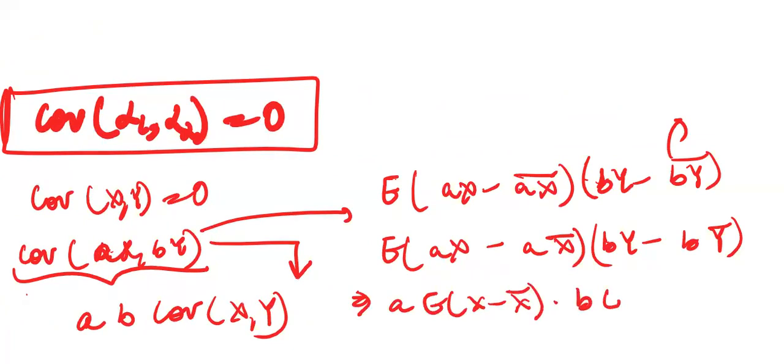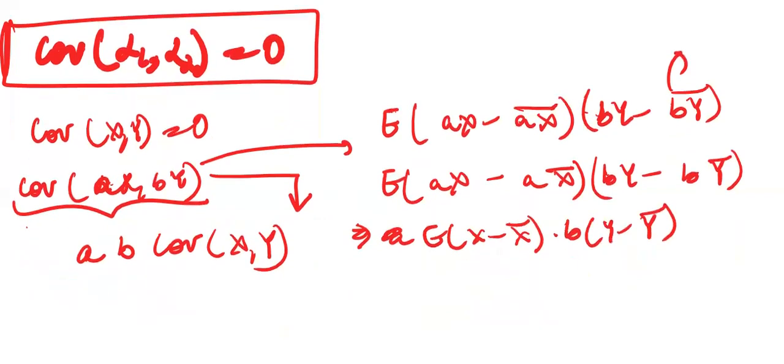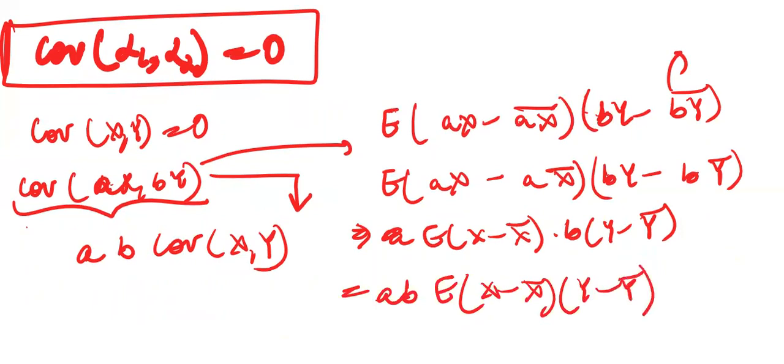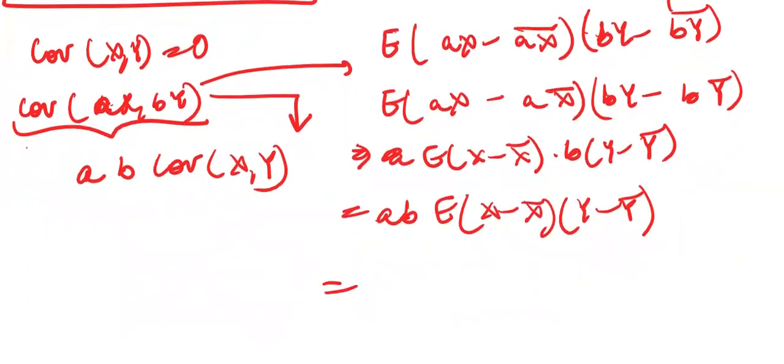So this is a expected value of x minus x bar into b y minus y bar. I can bring b also out of my expectation. This is ab, expectation of x minus x bar into y minus y bar. And if I solve this further, this is nothing but ab, covariance of xy.